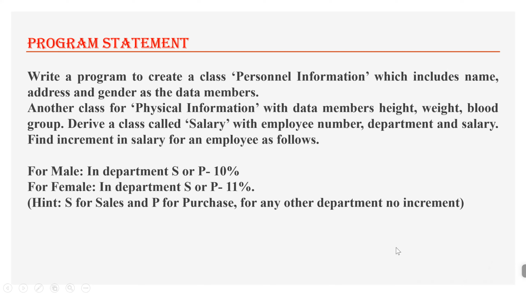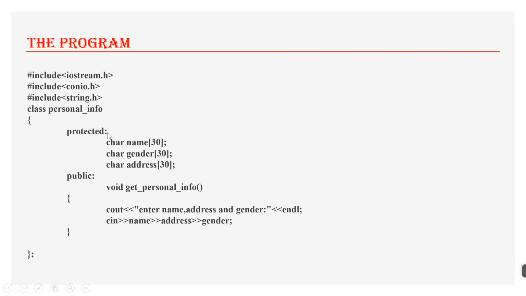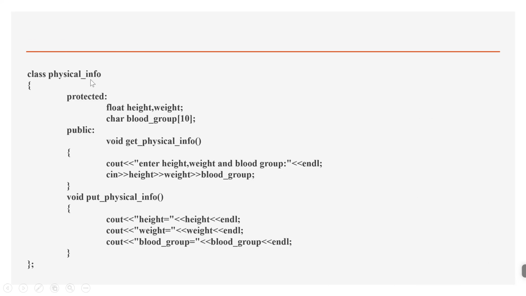So here it's mentioned height, weight, and blood group are the members of the physical info. Here also you get the data, read the data, and display the data. These are the two member functions.